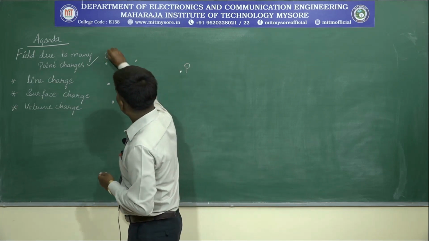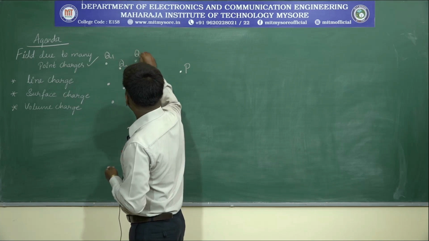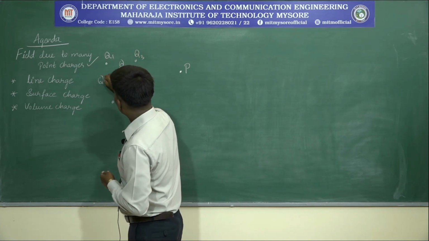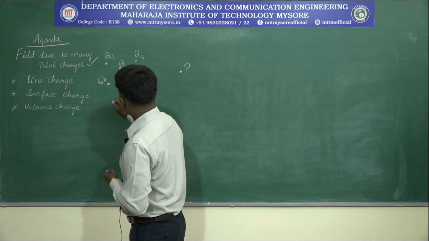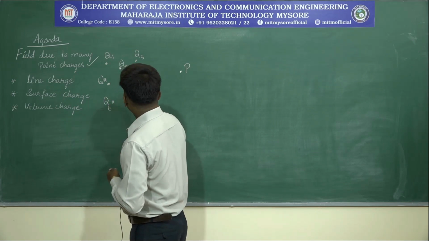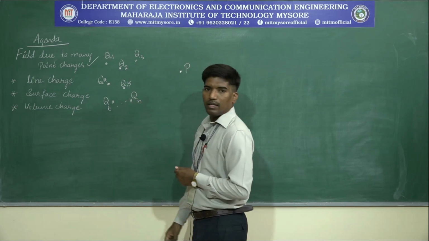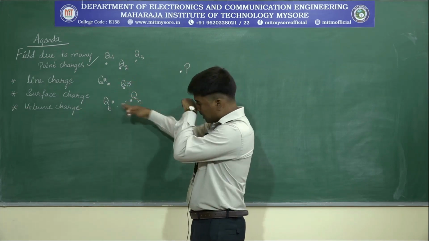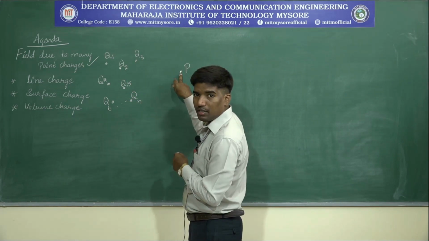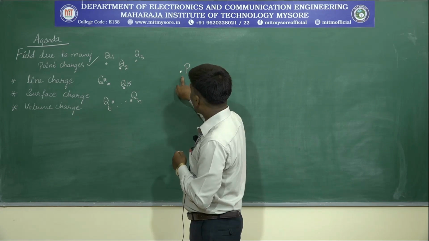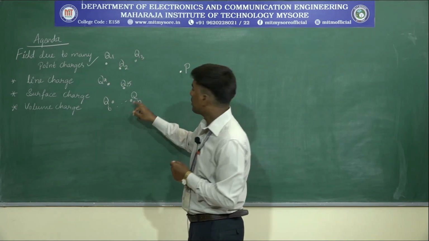Let us have these many point charges, up to Qn. There are n number of point charges. We need to identify the electric field intensity at point P influenced by all the n point charges.